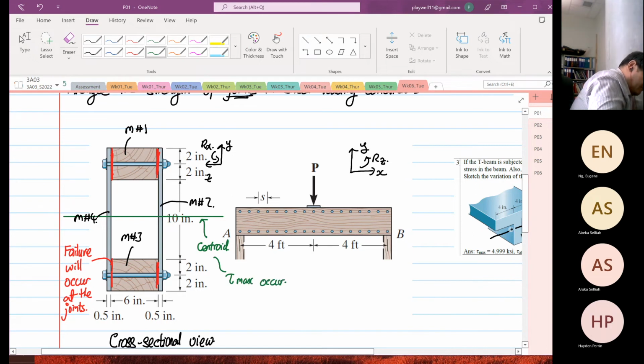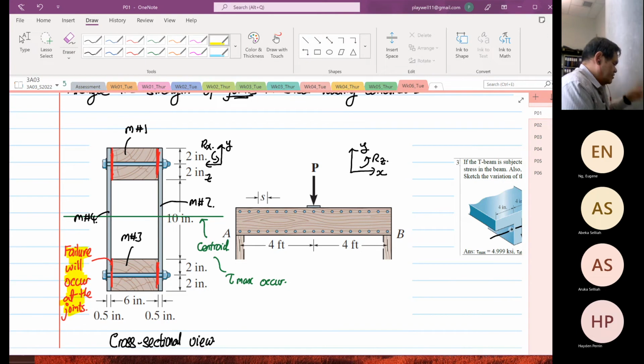However, failure will occur at the joints first because the joints are weak. I will go into an example to highlight why that's the case.